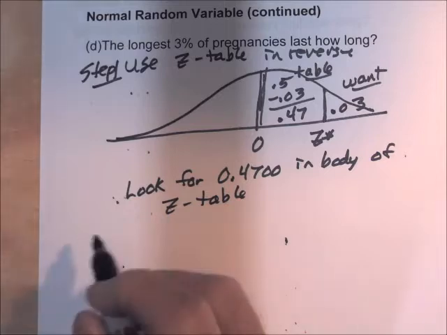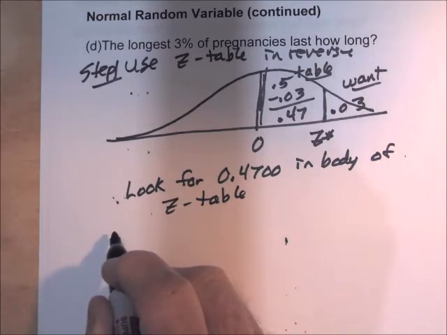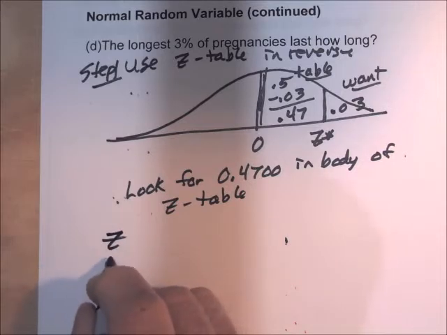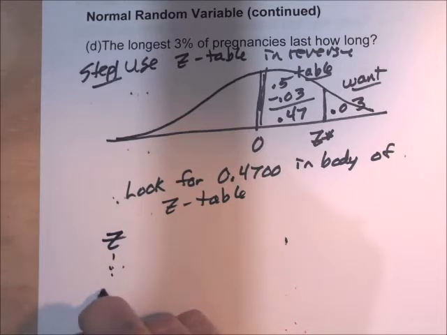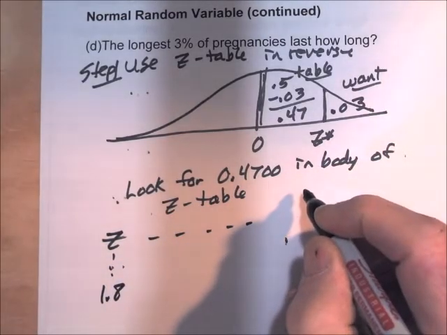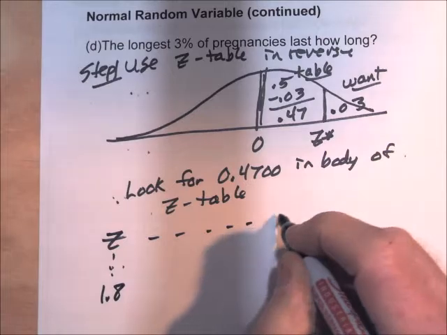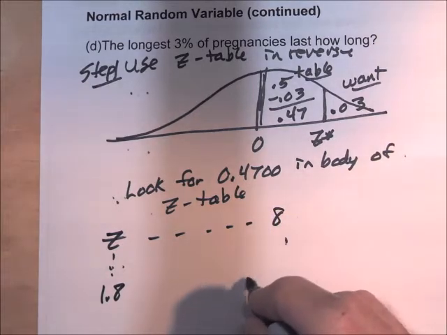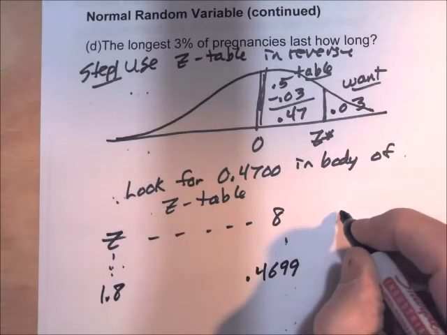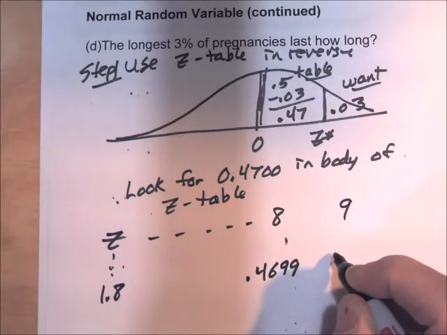They're both in row 1.8, and columns 8 and 9. Column 8 we have 0.4699, and column 9 we have 0.4706.